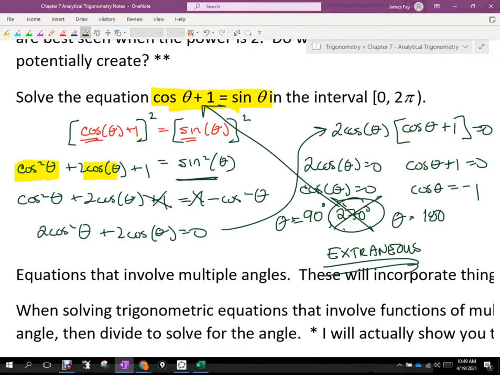Anybody remember the mathematics that we conduct on a problem when we're trying to solve an equation that usually generates extraneous solutions? We did it with square roots. We had root equations. When I got variables underneath the square root, what do I try to do to get rid of that square root?